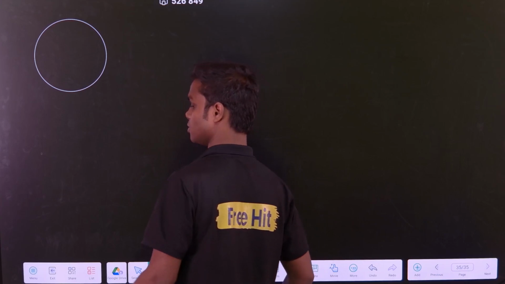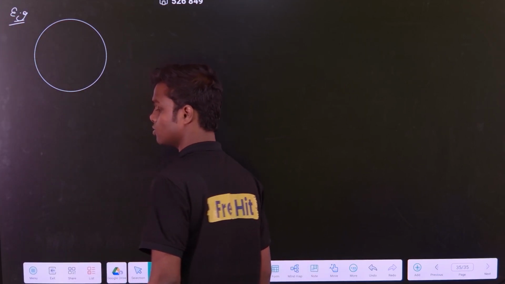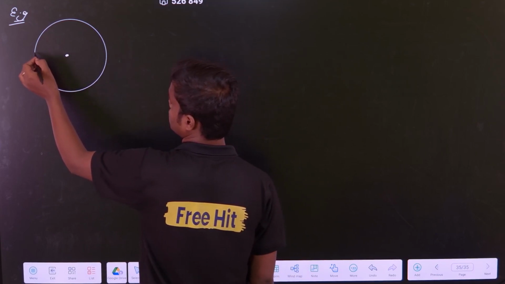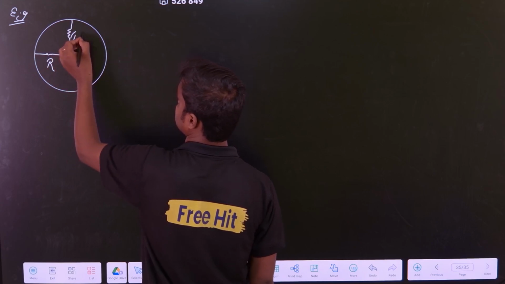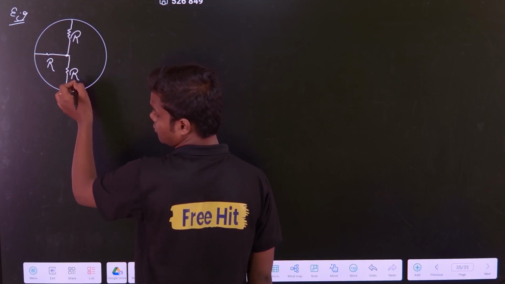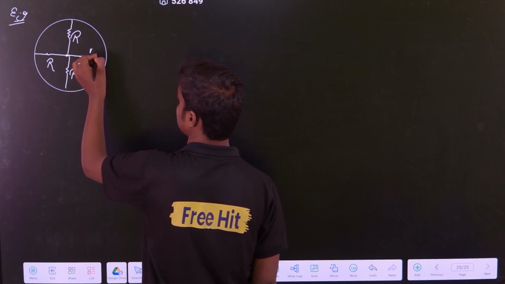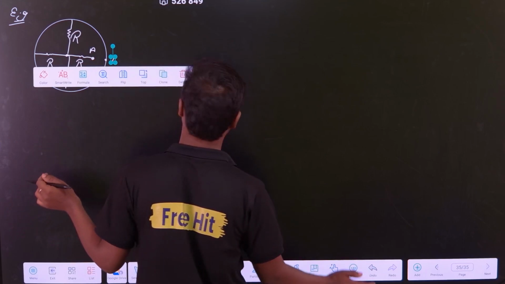This is also one of the questions from the S.C. Verma book. Basically, this resistance is given as R, this resistance is given as R, and this resistance is also given as R. This is point A, and this is point B. You have to find R net.